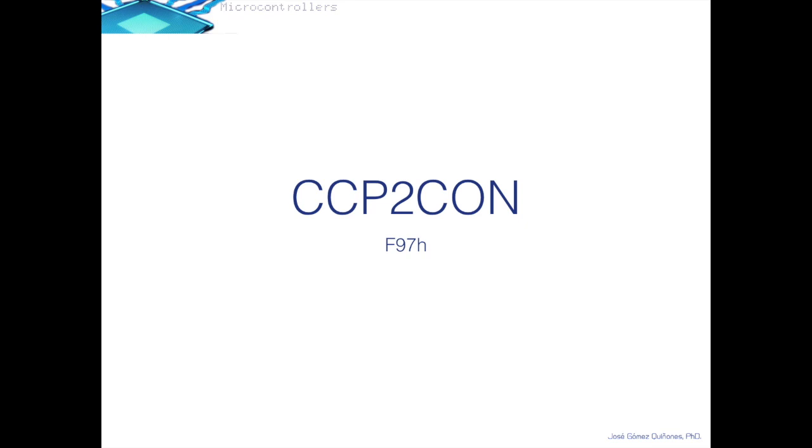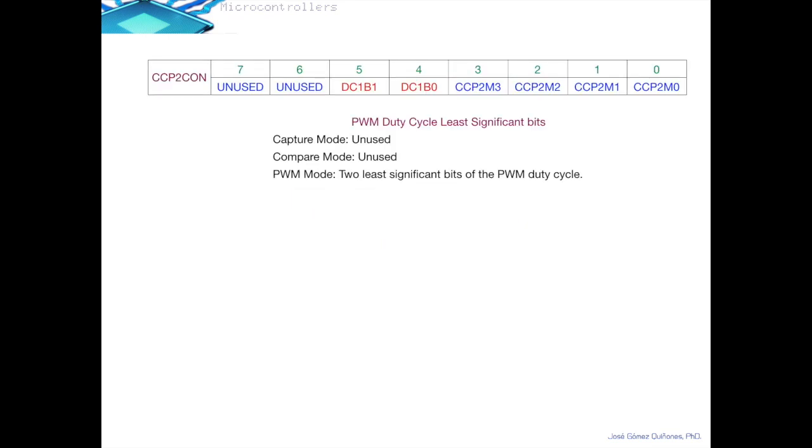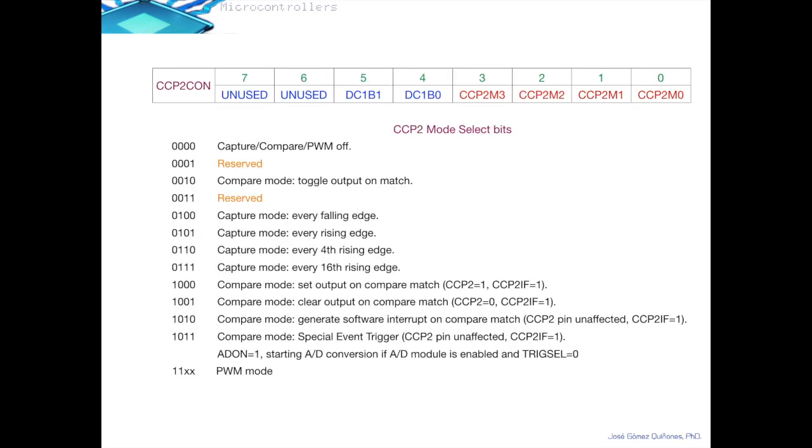Now let's review the CCP2 control. As we can see, bits number 7 and 6 are unused. Then bits number 5 and 4 are devoted to the PWM duty cycle. We're not using them. The lower nibble is the one that holds the configuration to capture or compare, as we decide.